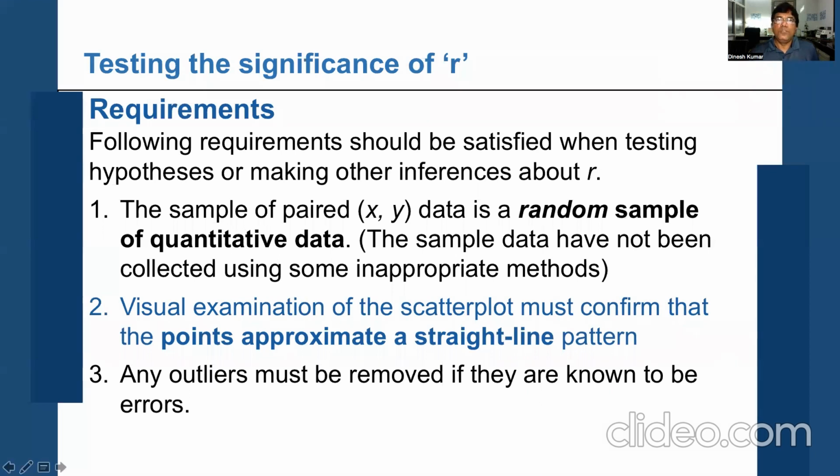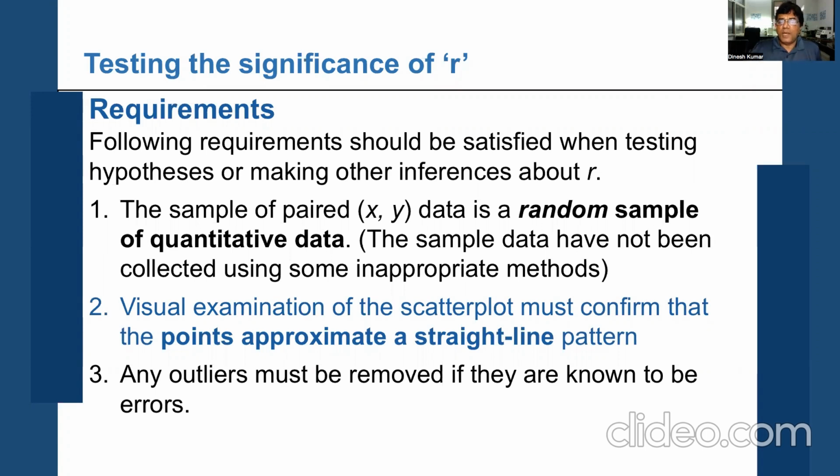You have drawn a random sample from the population, there was no bias, and it is quantitative data. Qualitative data cannot be used. It is always quantitative data, meaning data in numbers, that can be used to calculate the correlation coefficient. The sample data have not been collected using some inappropriate method.